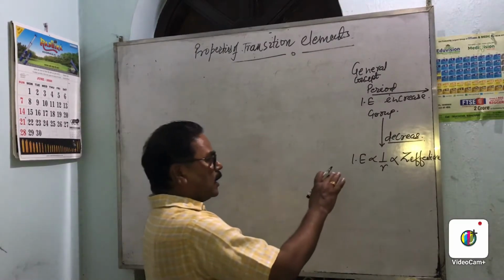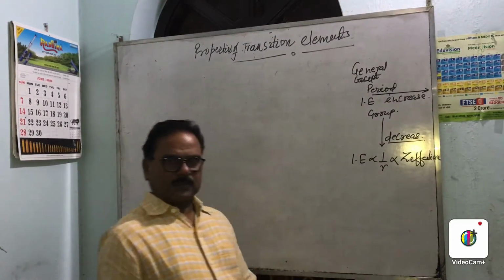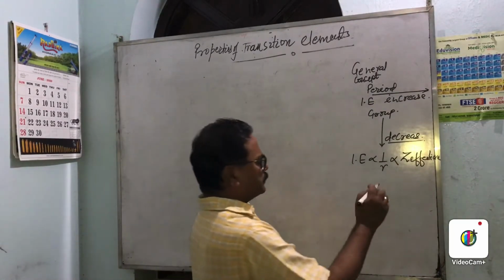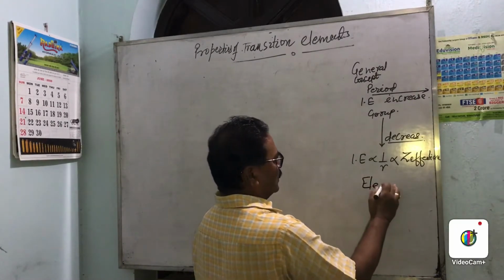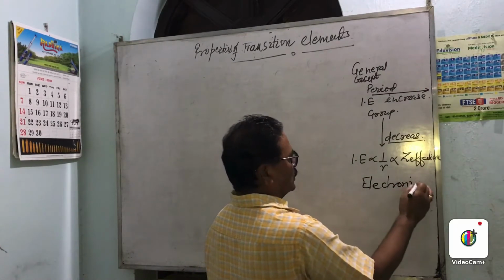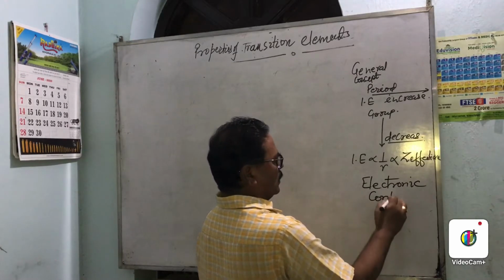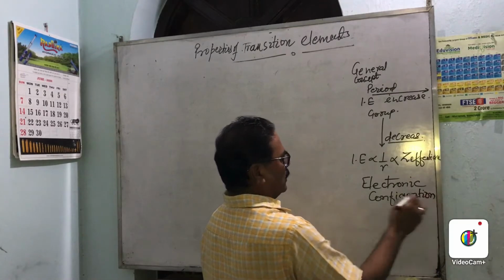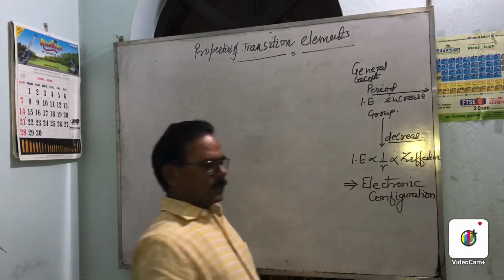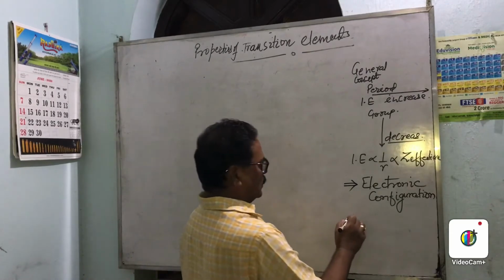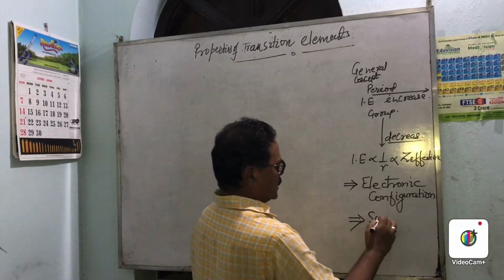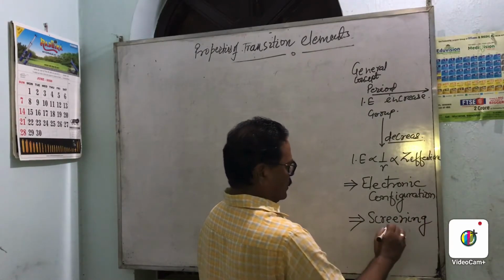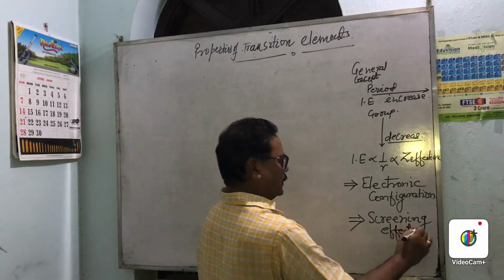Besides these two factors, ionization energy also depends on the electronic configuration and on the screening or shielding effect.